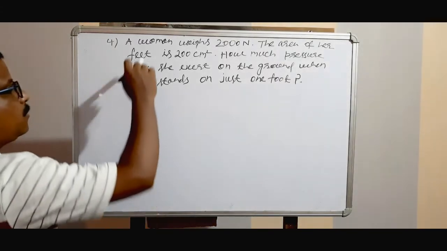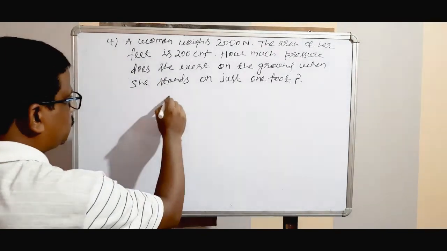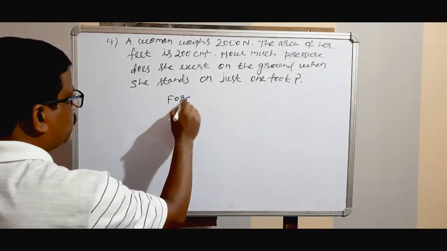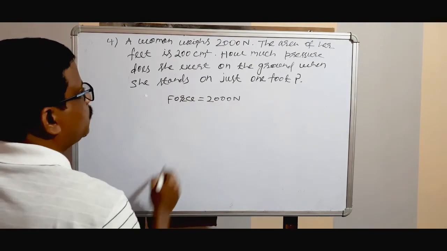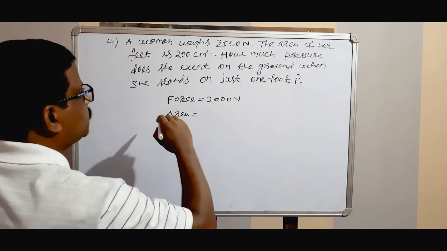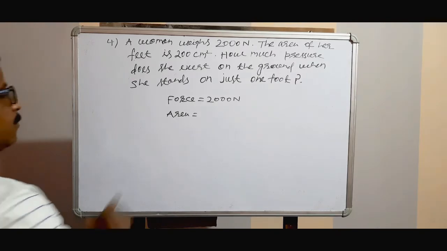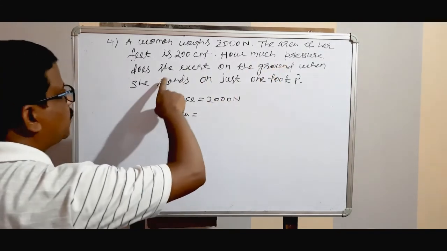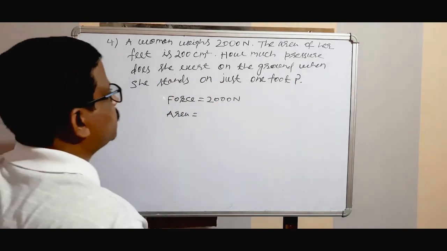Here you see, the woman weighs 2000 Newton, that means the force is 2000 Newton. Then area is 200 centimeter square. But what is the question asking?